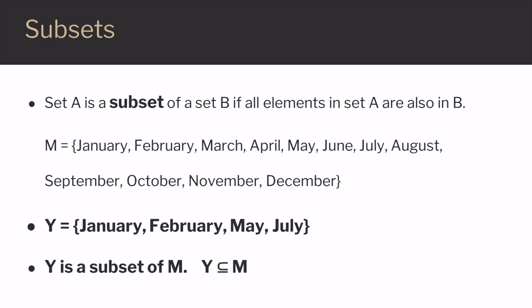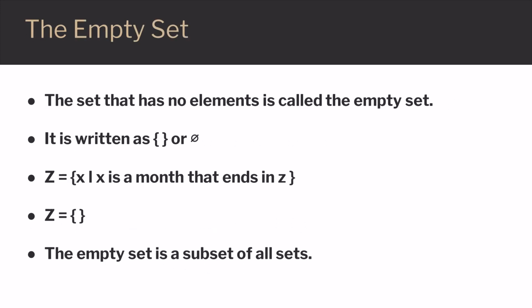It may seem funny, but one important set is the set with nothing in it, otherwise known as the empty set. We write the empty set as two braces with nothing inside, or the zero symbol with a line through it. You might think it's weird to talk about a set with nothing in it, but actually it comes up all the time.